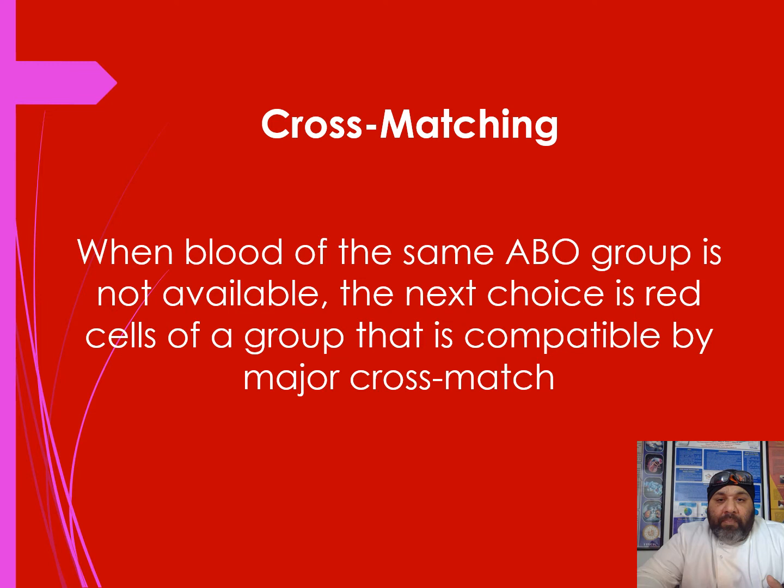When blood of the same ABO group is not available, the next choice is red blood cells of a group that is compatible. For example, generally blood group O can be given to anyone and everyone.